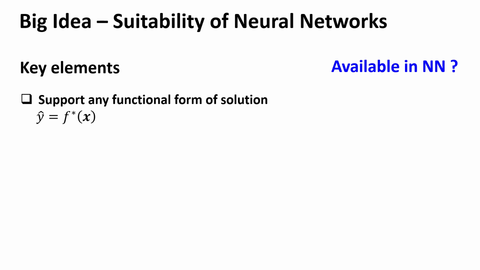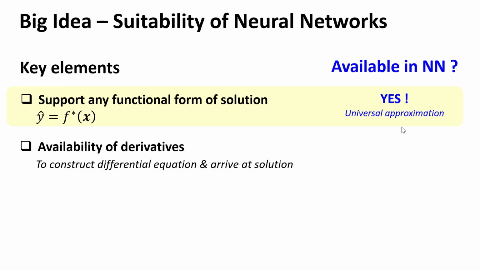This is supported through neural networks through the idea of universal approximation. Second, we should have availability of derivatives so that we can construct a differential equation and arrive at a solution easily. Derivatives are readily available in the neural network through backprop, the Jacobian and chain rules.